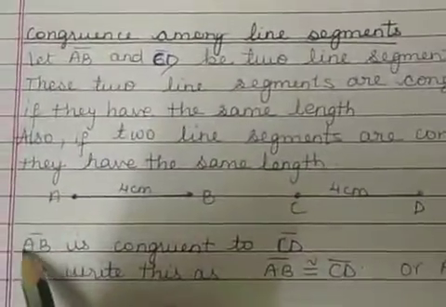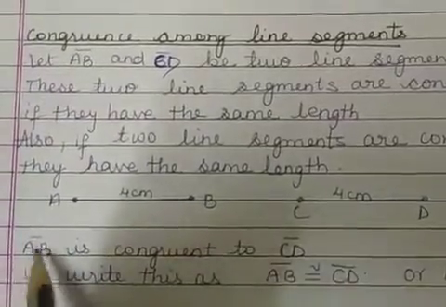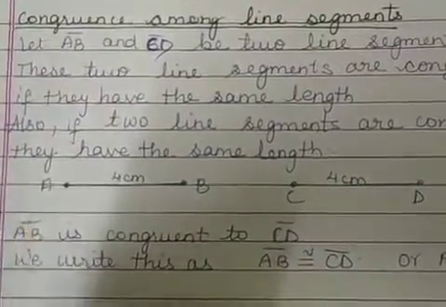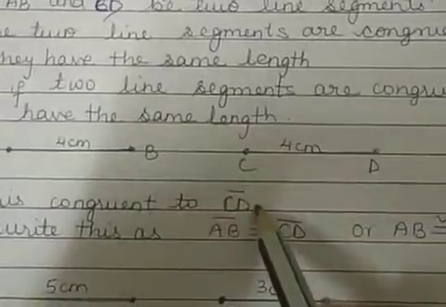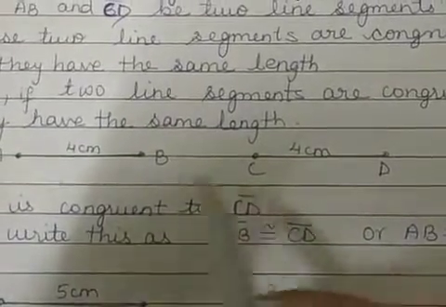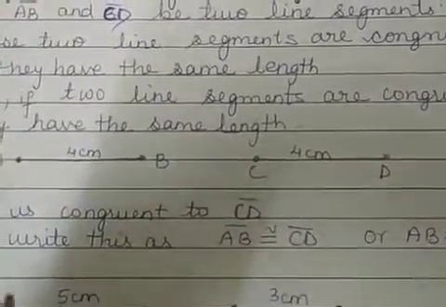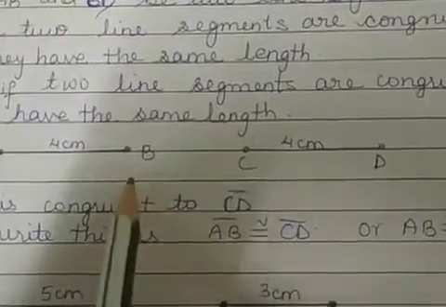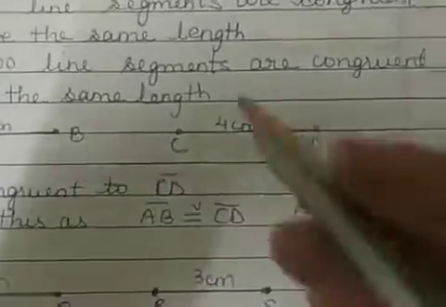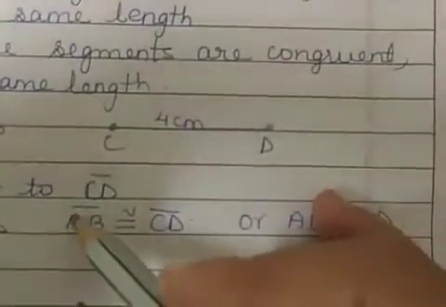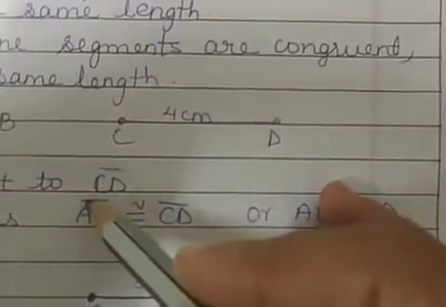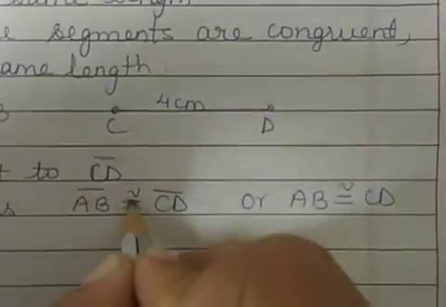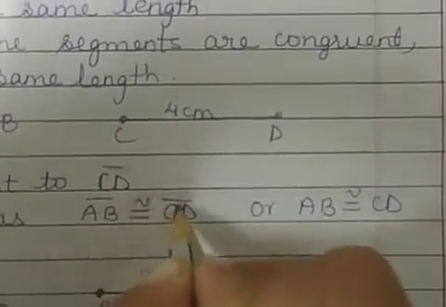Now line segments are denoted by AB with a bar on top like this. Similarly, CD will be represented like this. So now we know that AB and CD are congruent. Why? Because both of them have the same length. Now to write that these two line segments are congruent, we say line segment AB is congruent to CD.